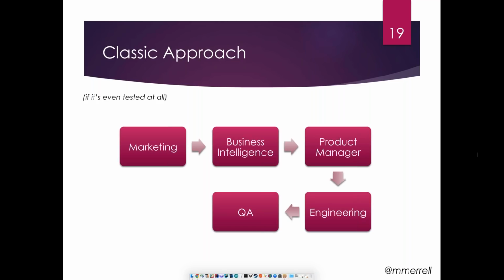Business intelligence says, in order to be able to know whether or not that feature is effective, we need to figure out what kinds of behaviors we need to study. So they'll say, we need to know where in the offer they clicked, how far down the page it was clicked. We need to know, did they scroll all the way down and then back up again? We need to know all sorts of behaviors.